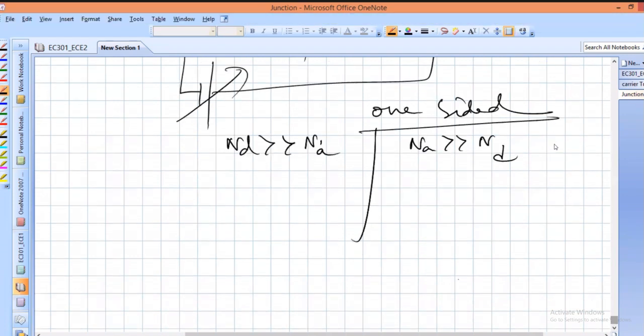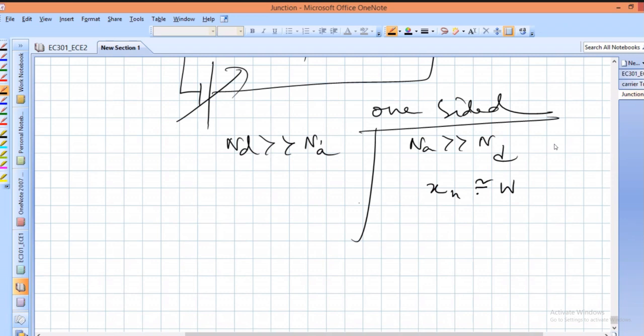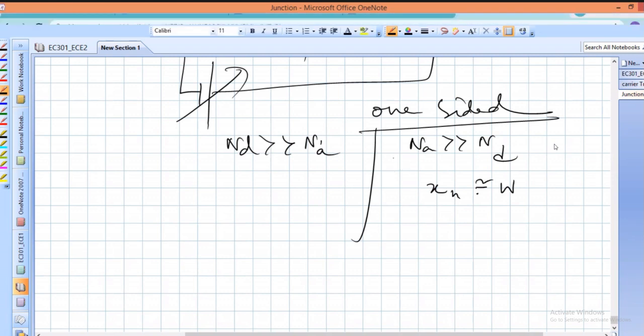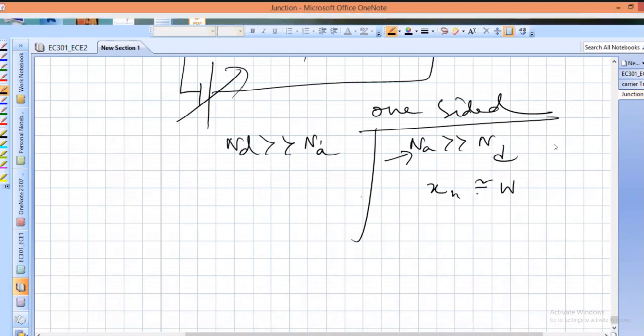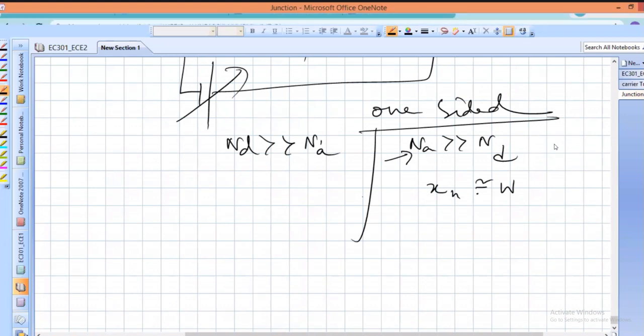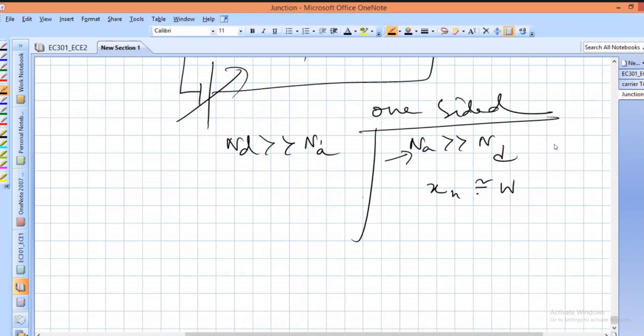If Na is greater than Nd, what do you know? Heavy doping. So the width of the depletion region on that side will be very small. So I will assume in this case xn will be equal to W, because on the p side of the junction the doping concentration is very large. The extension of the depletion region on the p side will be very small, and I can assume the total depletion region width will be almost equal to the depletion region width on the n side of the junction. Same thing I can do here also.